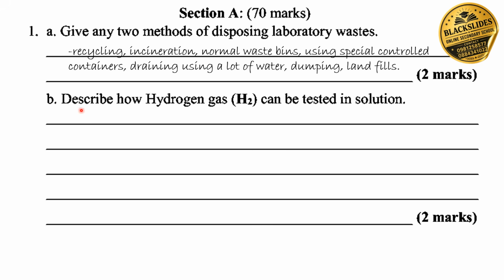Describe how hydrogen gas can be tested in a chemical reaction. Some chemical reactions produce gases, and one of the gases produced is hydrogen gas. So how can you confirm that the gas produced by a chemical reaction is indeed hydrogen gas?